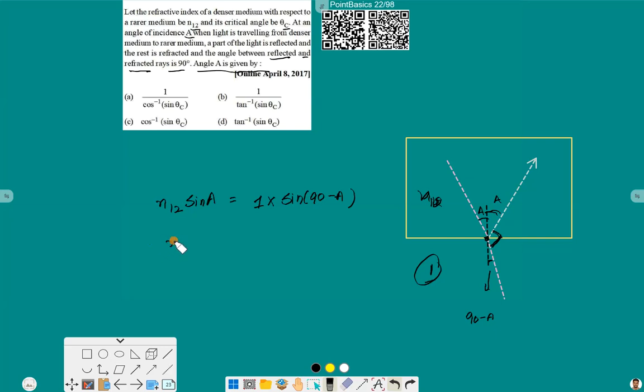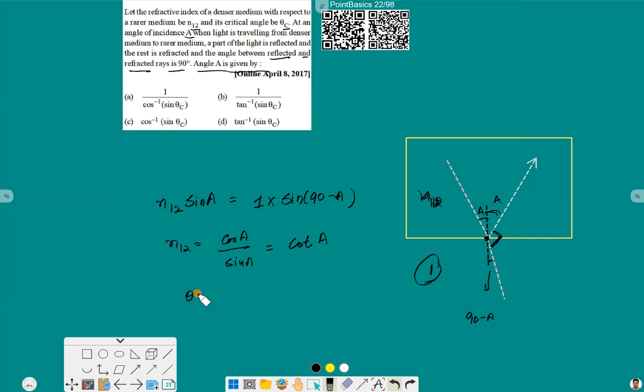So from this, N12 is equal to cos A by sine A, since sine 90 minus theta is cos theta, and that will be equal to cot of A. Now we have to find out the critical angle.